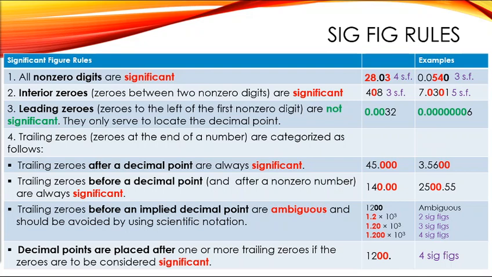But if you have a value like 0.0032, those zeros in front of that 32 are just telling you there's a decimal place 2 positions before this number. You can actually rewrite that value as 3.2 times 10 to the negative 3, and it shows you the exact same relationship. Any zeros in front of your value, if there are no numbers before, are always going to be considered non-significant.